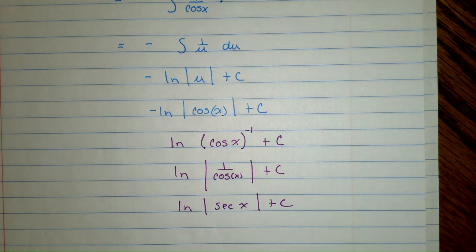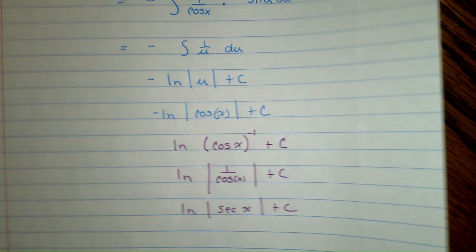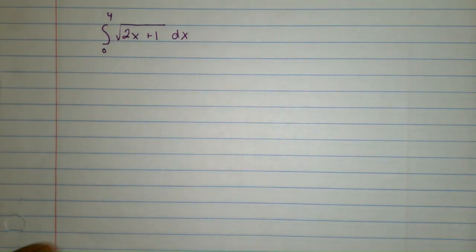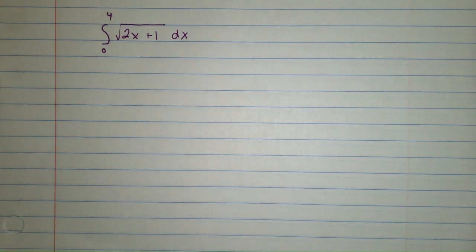So what if we have definite intervals? Because all of this I've done today has been with indefinite integrals. So what happens when we're trying to work with something like this? Okay, so there's two paths we could take.